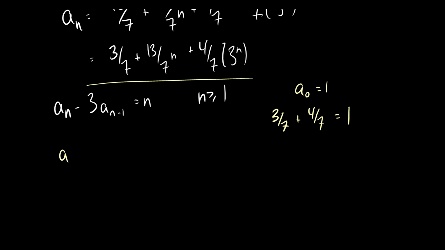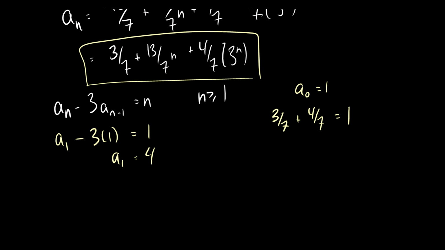But we know that, sorry, solve for a1. a1 minus 3 times 1 is going to be equal to 1. So a1 is equal to 4. Okay, so when we plug n equals 1 into this solution, do we get 4?